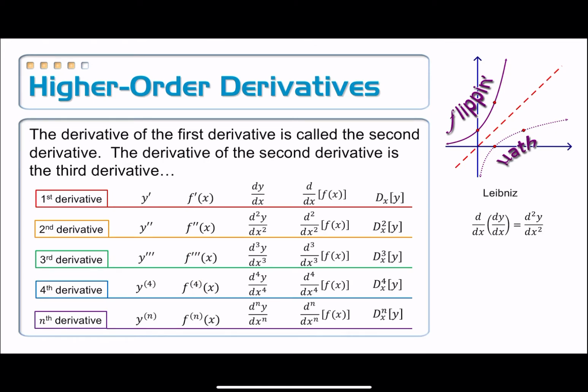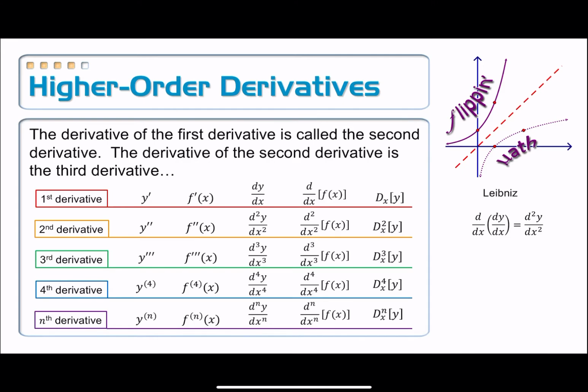Okay, the Leibniz notation, the way it works is a little bit different. Here's our first derivative. Look at the second derivative. On the second derivative, d2 over dx2. Why is that? Why is the 2 on the d on the top and the 2 on the x on the bottom? Well, look over here in the margin.